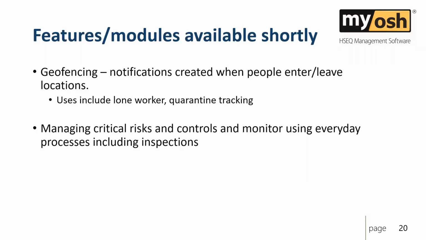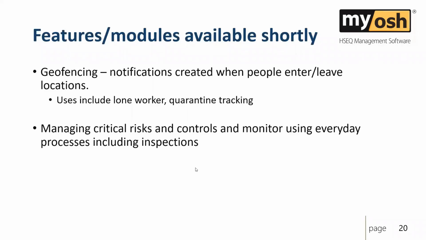So you'll be able to have a series of dashboards, if you like, that will show critical controls, which ones are working, which ones have failed, and also how they relate to the actual critical risks. So management can see at any one time how the controls and risks are, and what statuses they are within the organisation. So that's one that's coming in relatively shortly. We're doing a fair bit of work on that at the moment.